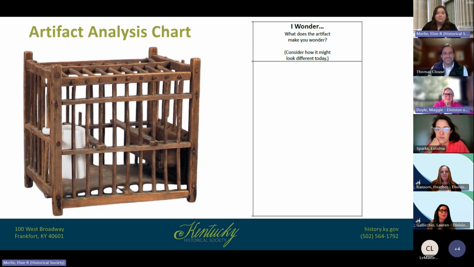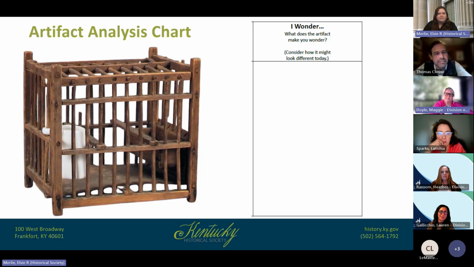Also, looking at it, I couldn't tell where the door was, or if the entire top lifted. When we think about cages today, we see a hinged door in some way. And so I couldn't tell from looking at that spot how that happened. So I assume that it either disassembles or reassembles relatively easily.